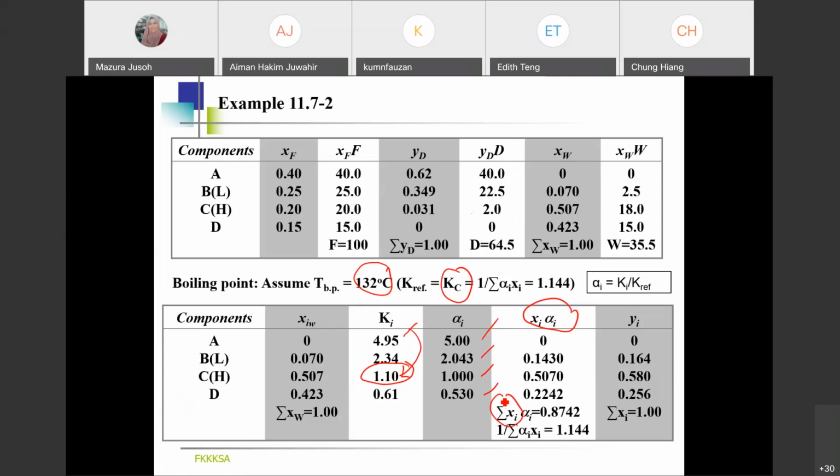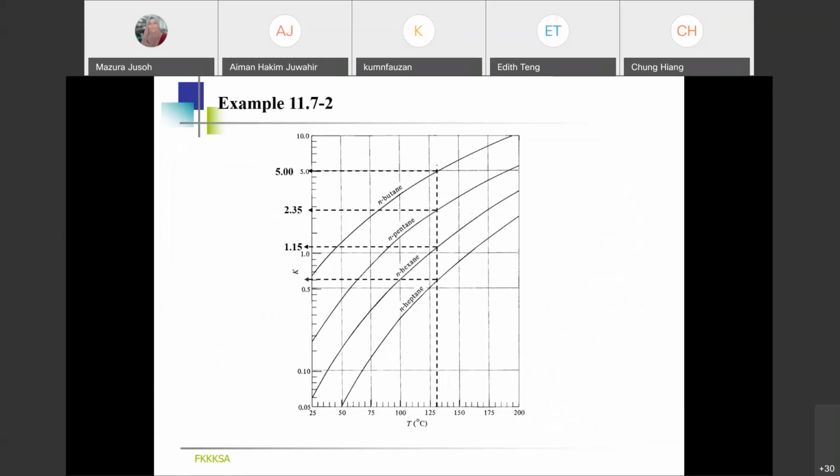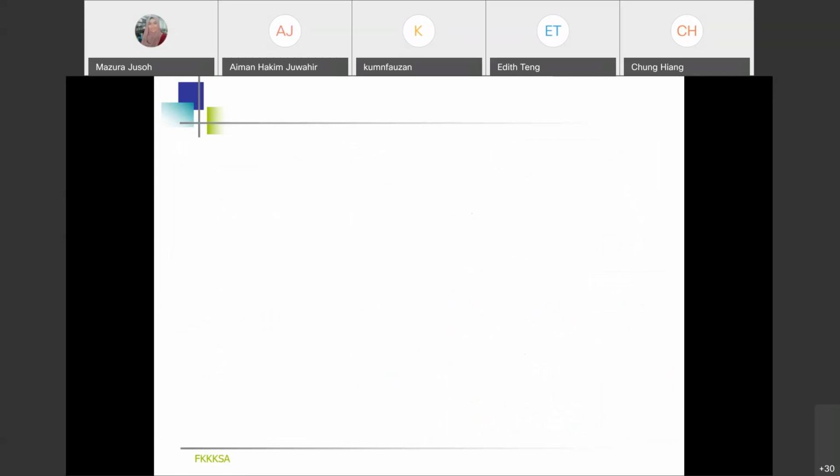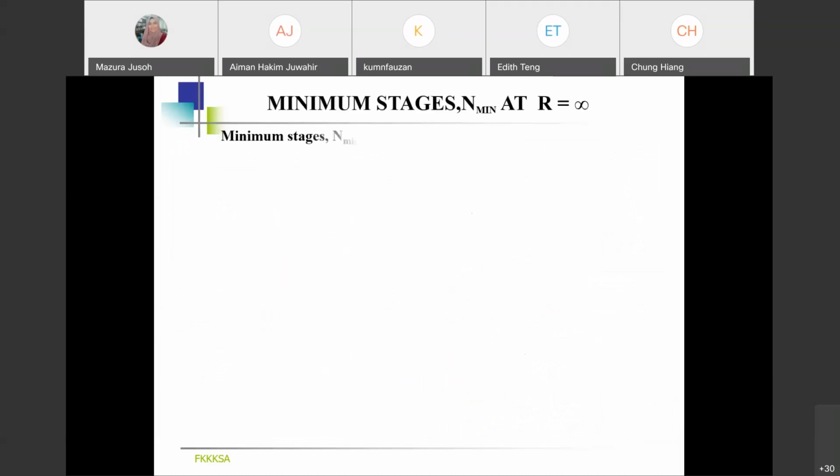Now you get the summation, and you will calculate all the yi according to the formula. This is the K value for pentane. And that's all.